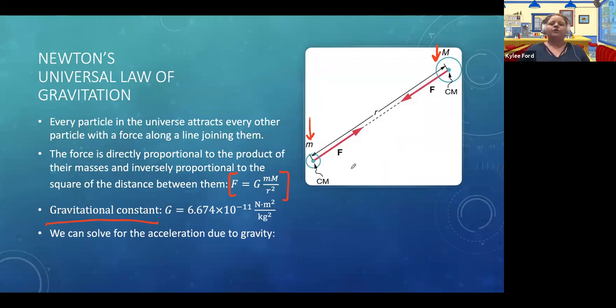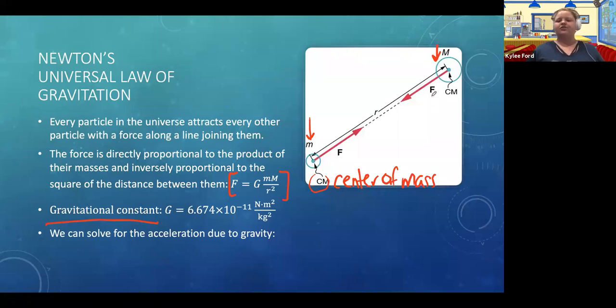So in this case, we have two objects or particles with some center of mass. That's what this is. So center of mass, like I talked about before briefly. That's where the mass is concentrated, or like the average center of the mass.